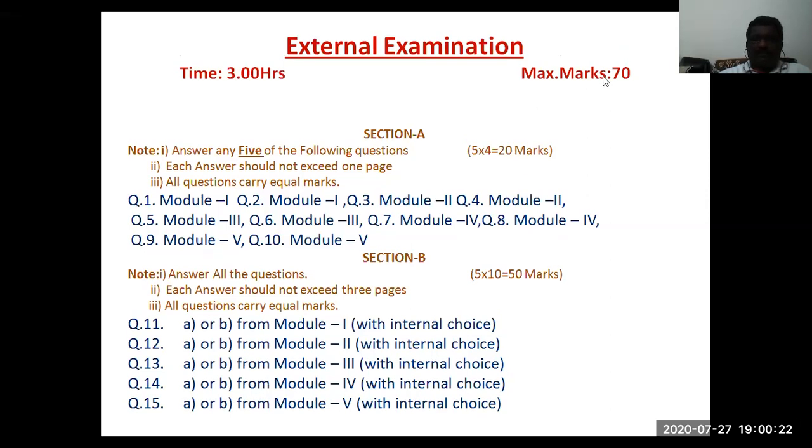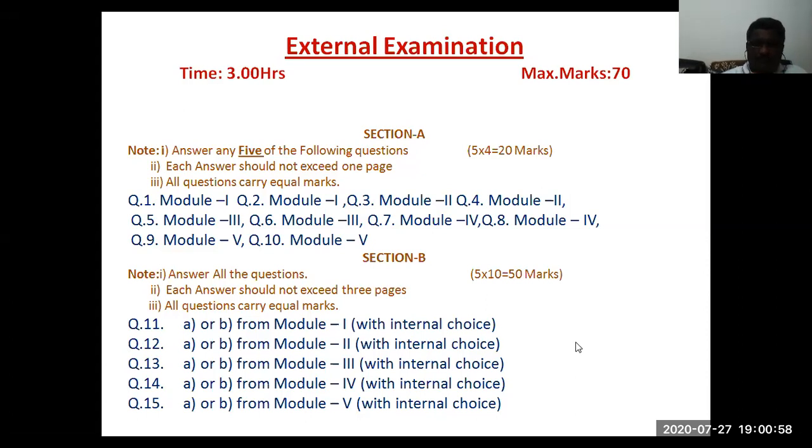Students must get 28 marks in this external examination to pass. But overall, even if a student does not get any marks in internal evaluation, he has to get 40% marks of the total 100 marks. So compulsorily the student has to get 40% marks in this subject to pass in this subject.